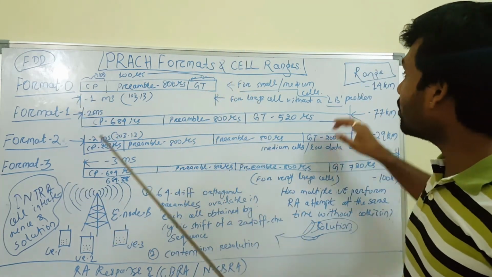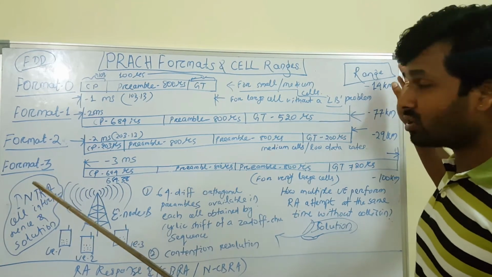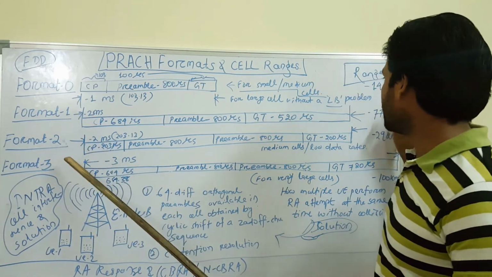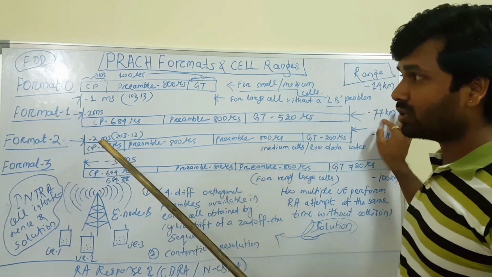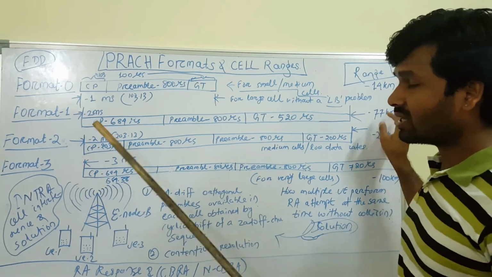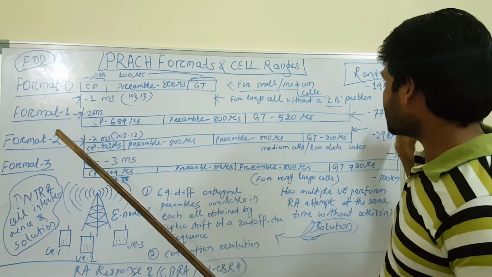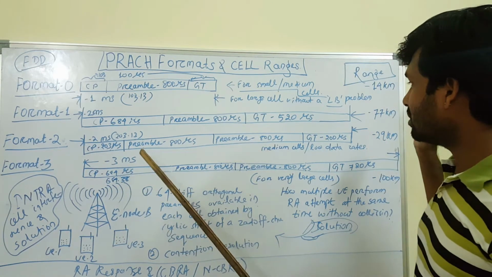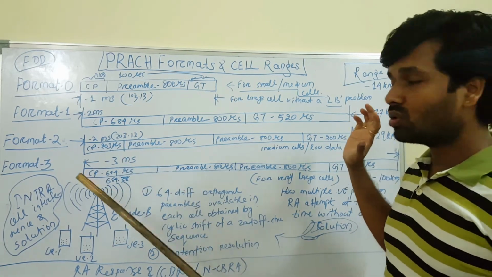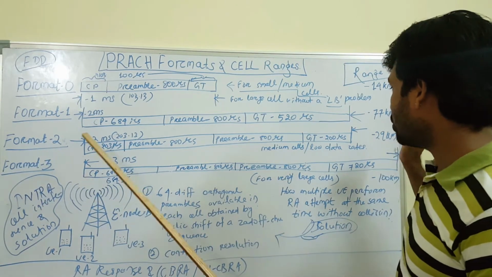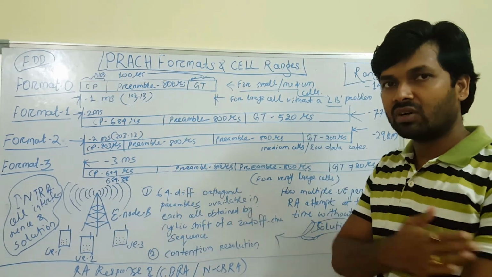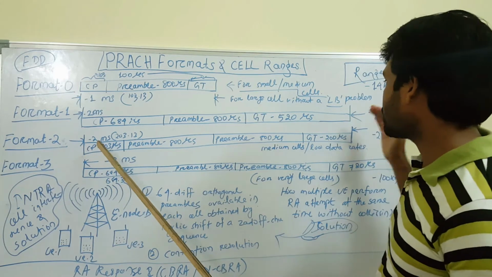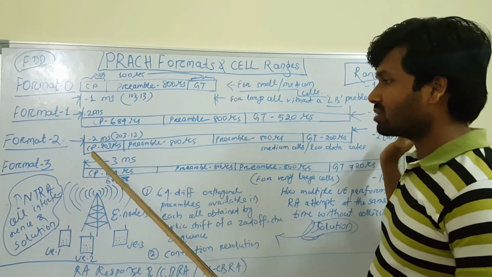And the ranges are: format 0, up to 14 kilometers; format 1, 77 kilometers, used for large cells without a link budget problem; format 2 is used for medium cells where we don't have high volume data, only low data rates, up to 29 kilometers.